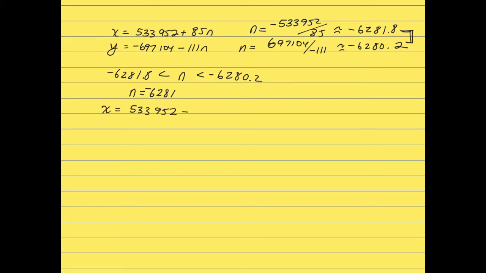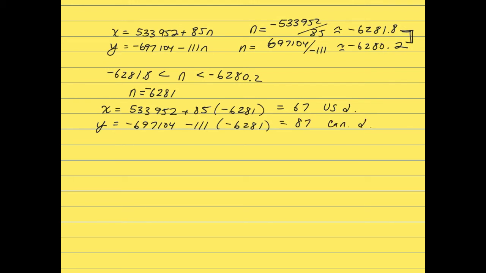533,952 plus 85 times negative 6281, and y equals negative 697,104 minus 111 times negative 6281. And solving those, you get x equals 67 US dollars and y equals 87 Canadian dollars.